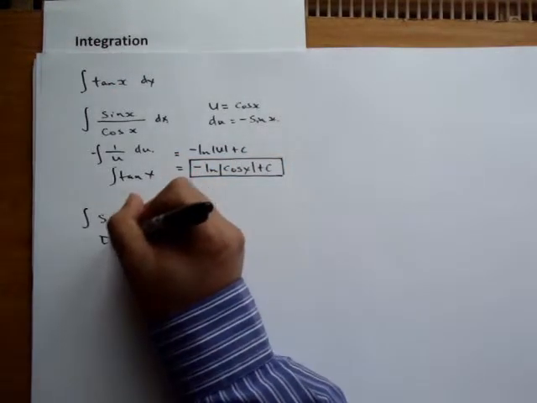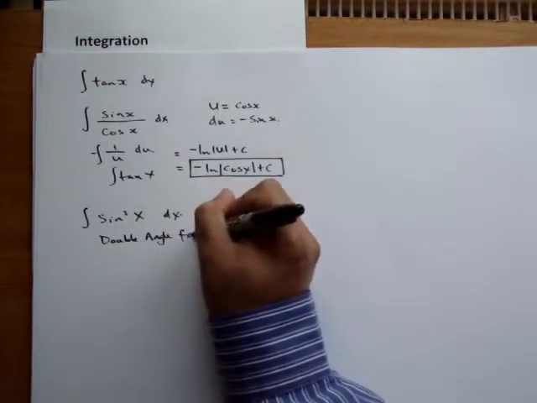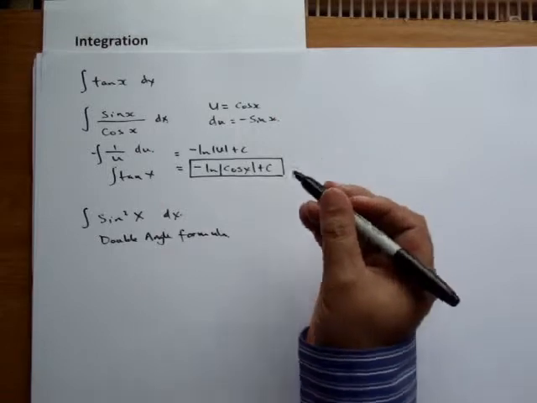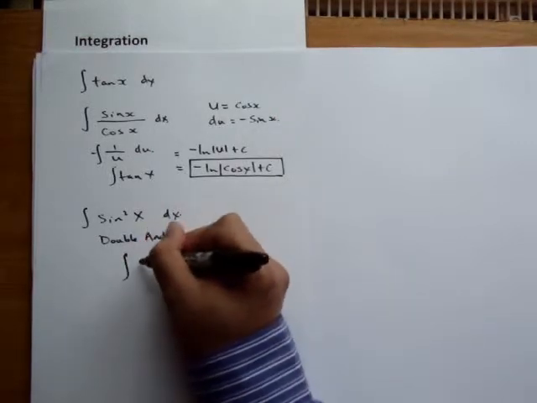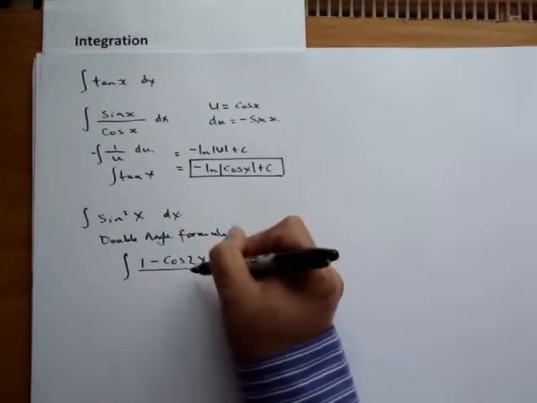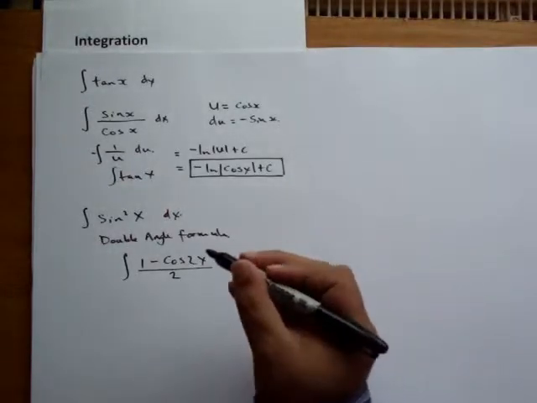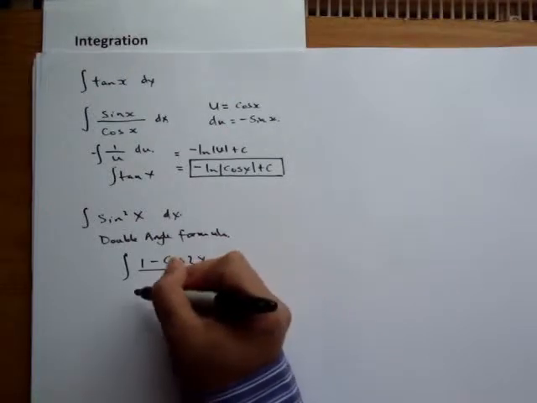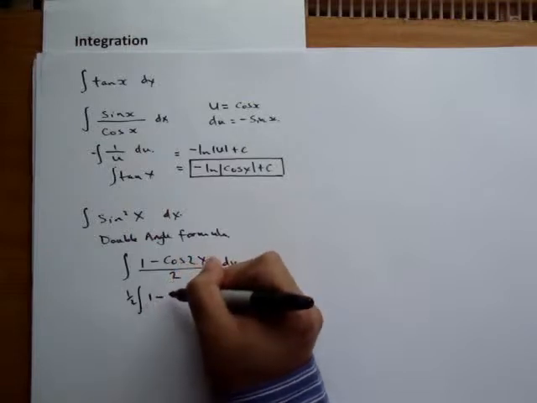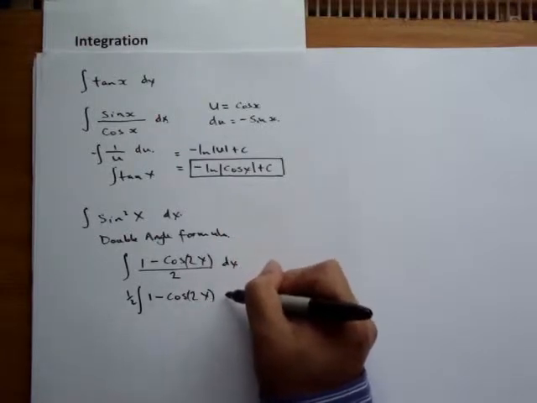From our double angle formulas, sine squared x becomes the integral of 1 minus cos 2x over 2 dx, which is the integral of a half times 1 minus cos 2x dx.